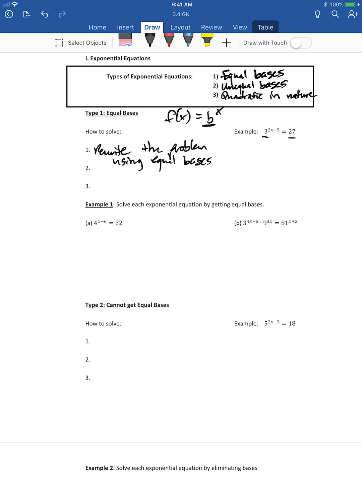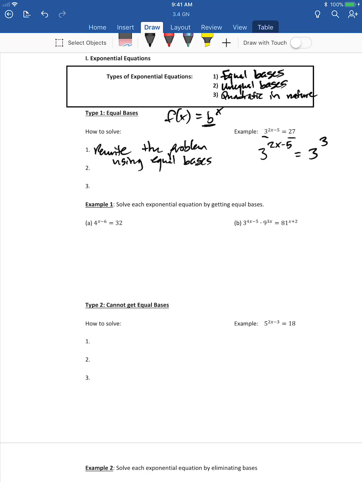So I can rewrite 27 with a base of 3. If I do that, I'll have 3 to the 2x minus 5 equals 3. Now, what power do I need to raise 3 to get 27? That's 3 cubed. Please try to get comfortable with the first few powers of most of the whole numbers.